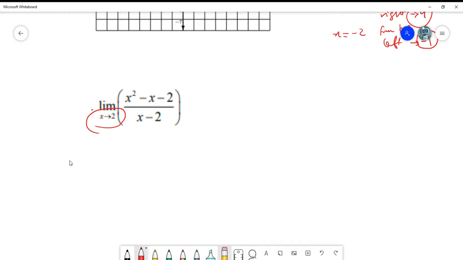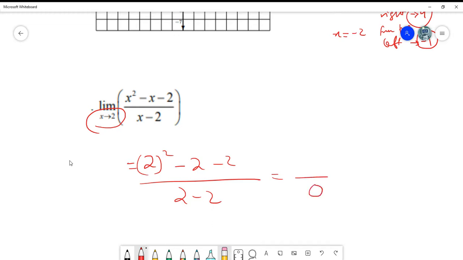One way to do this would be to simply substitute 2 in place of x. So the numerator will become 2 squared minus 2 over 2 minus 2. If we solve this, we will get 0 over 0, something which has no interpretation so far.